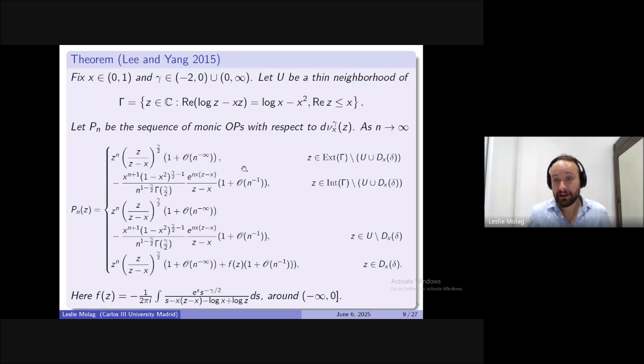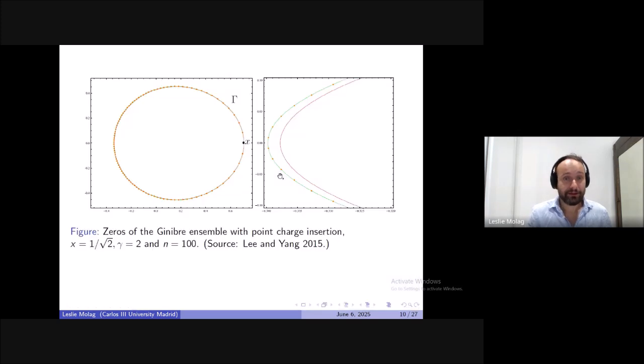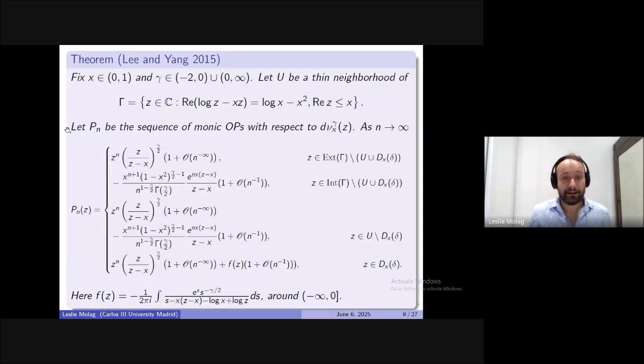And if on the other hand you're in the interior, so you're in this region, but not too close to the curve, so not in the thin neighborhood U, then they find this expression here. Now it's not so important what these expressions are exactly, but the important thing is that this expression can't be 0, and this expression also can't be 0.